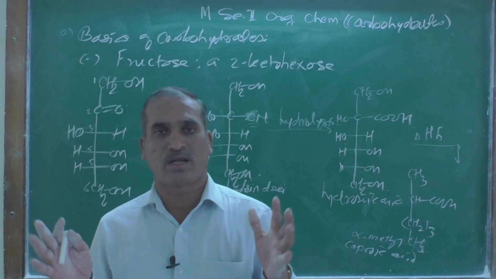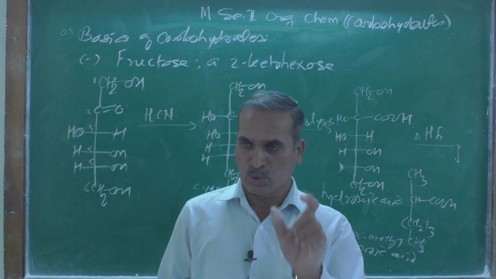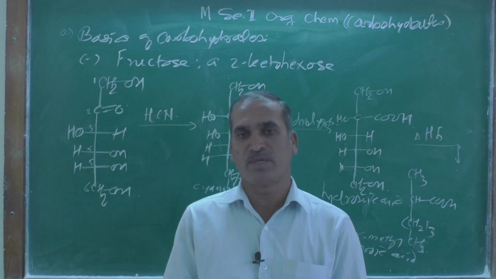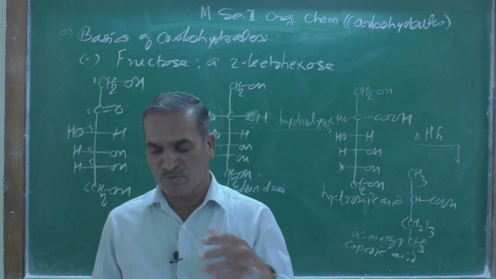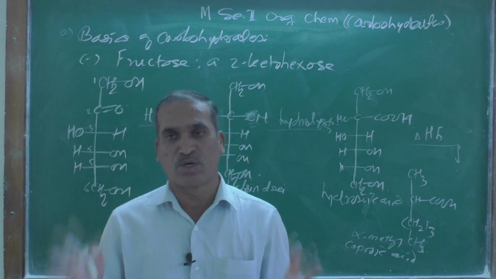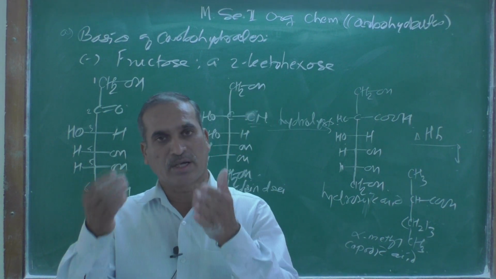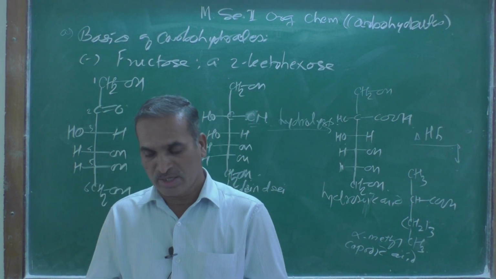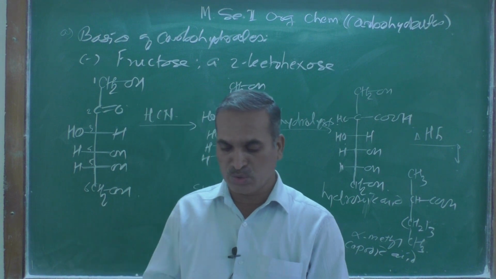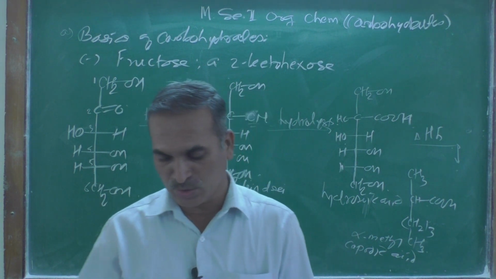There are 4 chiral centers present in glucose, and a chiral center means a carbon atom carrying 4 different groups, and glucose is generally represented as a glucose structure.